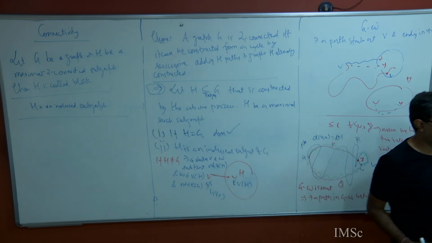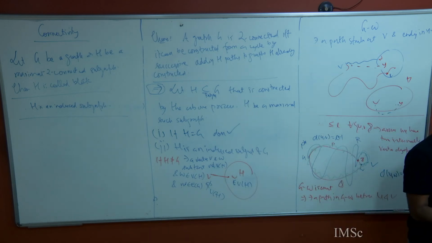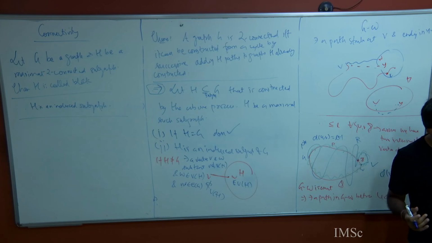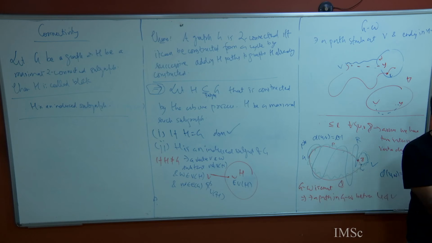Imagine the graph may not be connected. Then what would its connected pieces be? Connected components. And what is the property of connected components? Two connected components intersect at most how many vertices?